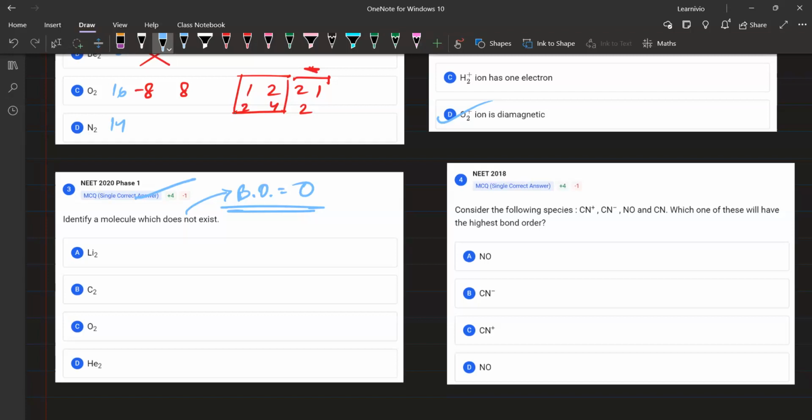And the answer, yes, correct, very good. Kind of makes sense because helium is a noble gas. Try this.